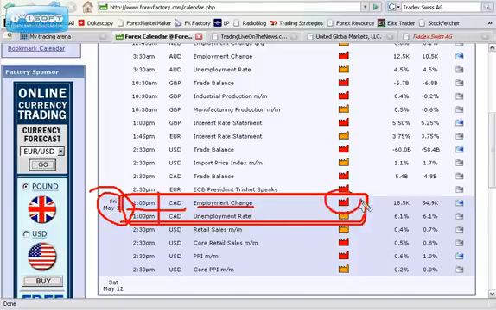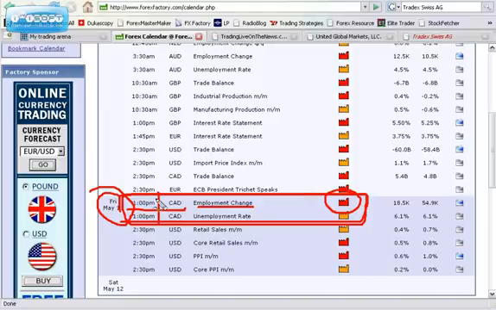As you can see, it's marked in red, which means high impact, high volatility. This fundamental release could cause high volatility on the chart, should the actual data deviate from what the analysts had expected.